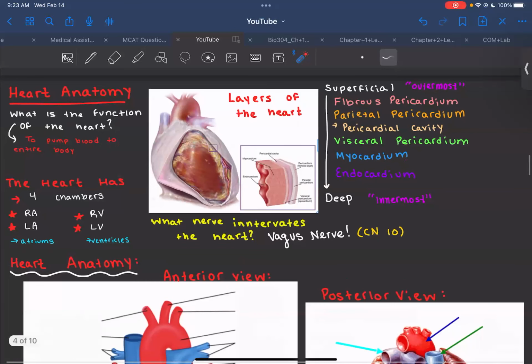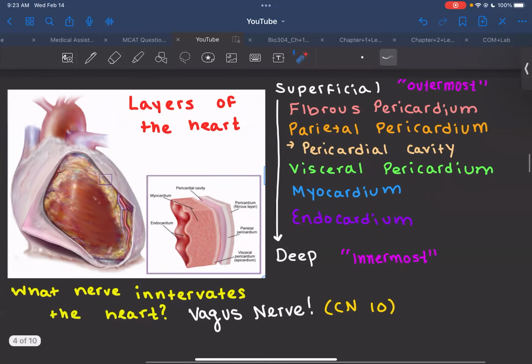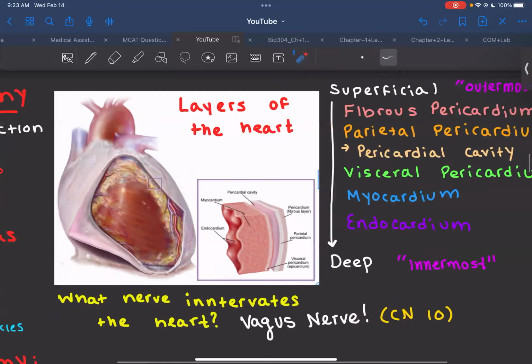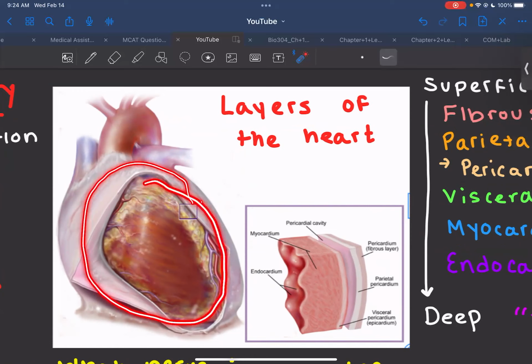And then right here, I'm not going to go over this in too much detail, but I just thought it would be something good to have in case someone was confused with the layers of the heart. This image shows the layers of the heart, and here it's blown up into a side view.